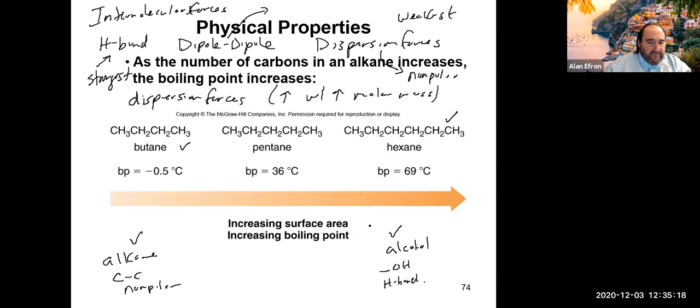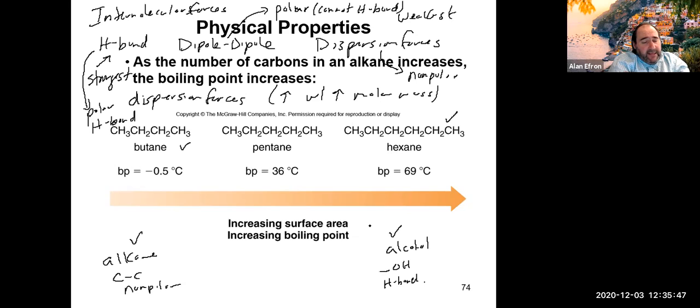Dipole dipole is for our polar molecules that cannot hydrogen bond. And hydrogen bonding is for polar molecules that can hydrogen bond. By the way, hydrogen bonding is a bond between hydrogen and an electronegative atom like nitrogen, oxygen, or fluorine, in order to be able to hydrogen bond.